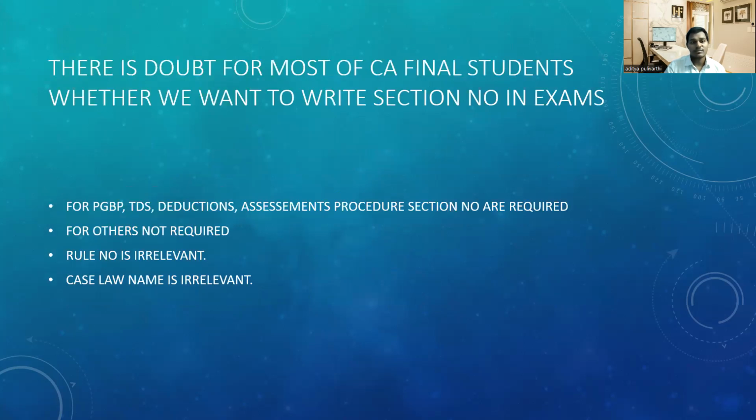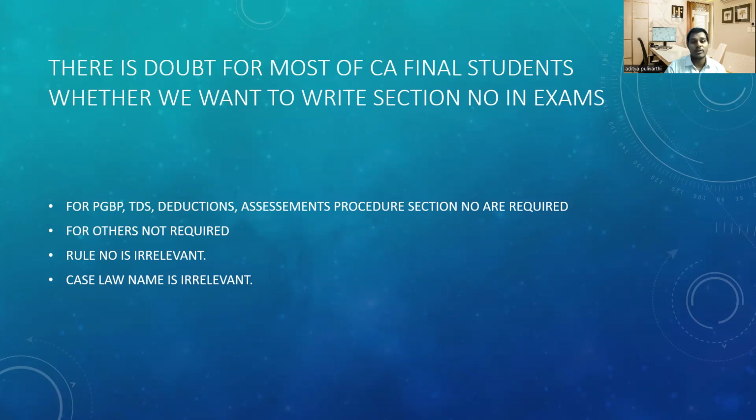Next, most of the CA final students are wondering whether to write the section number in the examination or not. See students, it is not necessary for all chapters to write the section number. For some concepts we should write the section number.